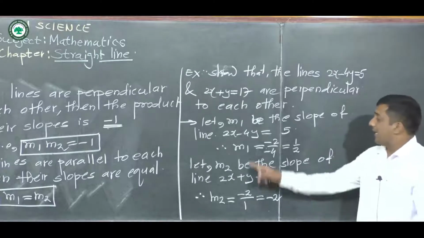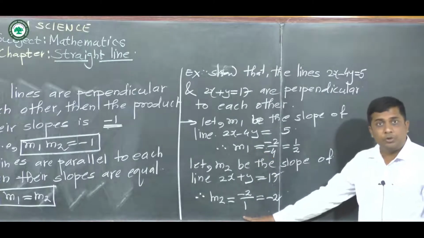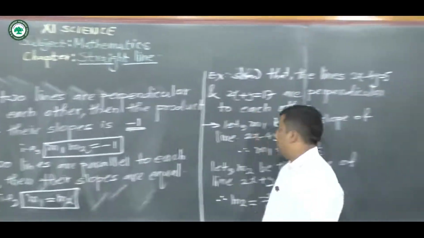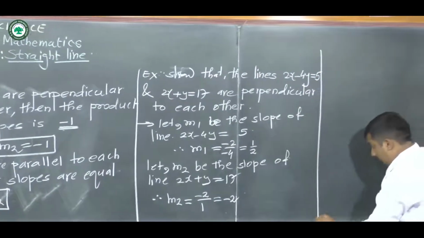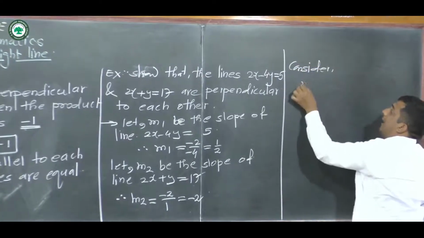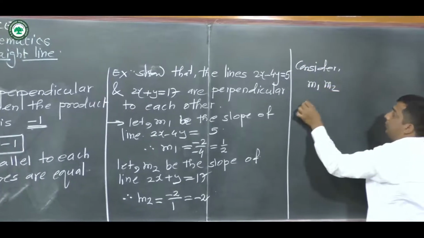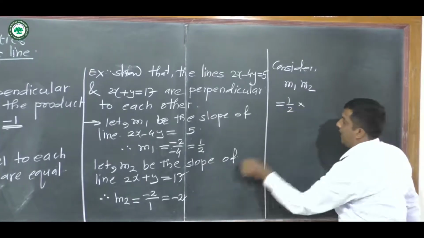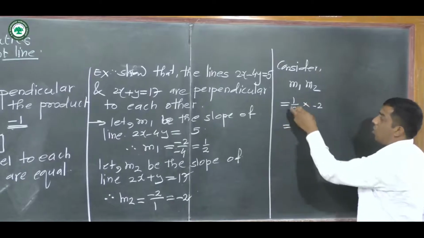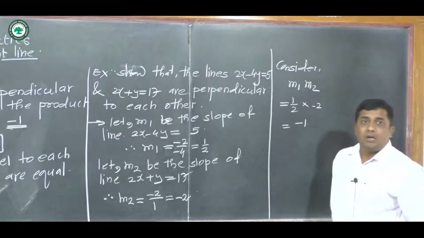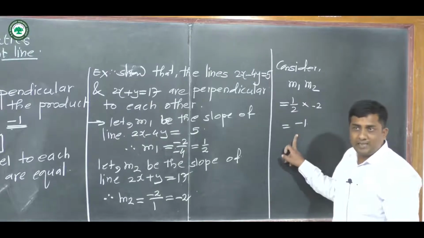So here we get m1 and m2. Let us consider the product of m1 and m2. We know m1 is 1 upon 2 and m2 is minus 2, and 1 upon 2 into minus 2 is always minus 1. That is, the product of the slopes is minus 1.